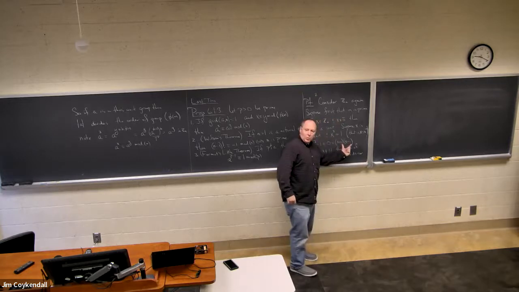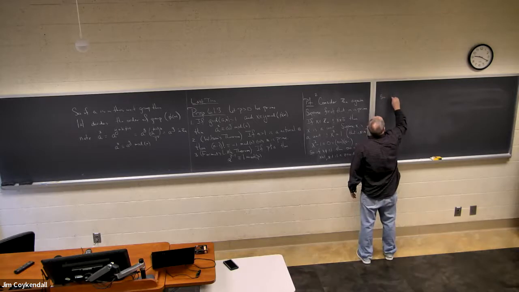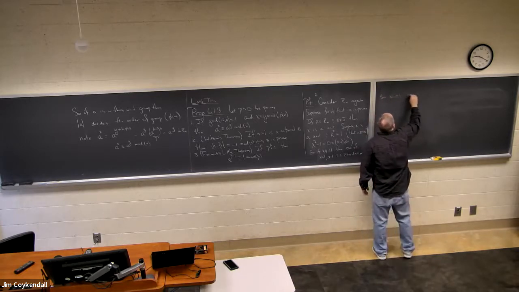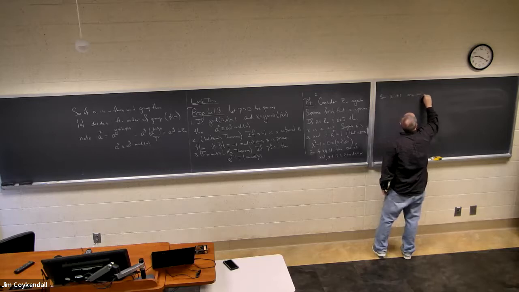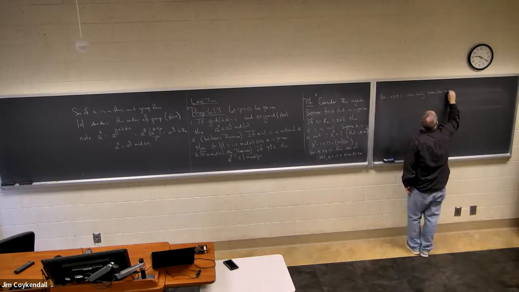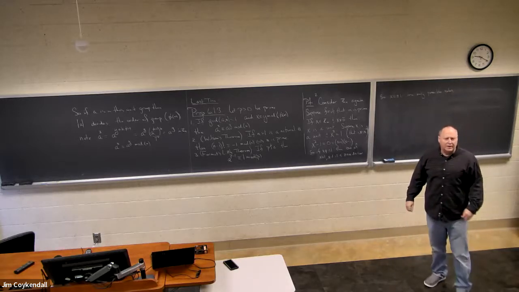If neither of these is 0, that means these would be two non-zero things multiplied to be 0, right? Everybody agree with that? And that's not possible. So x equals plus or minus 1 are the only possible solutions. Okay, now I'm ready to finish this off.